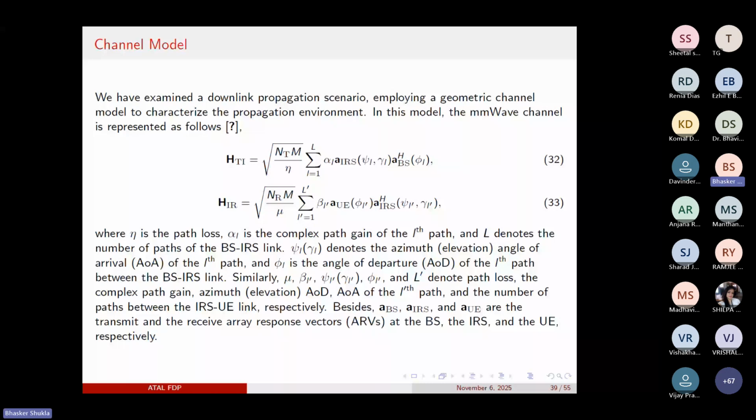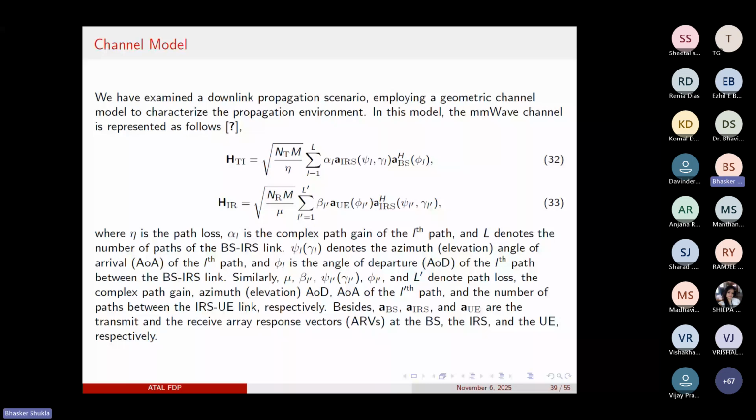NT is the number of transmit antennas, M is the number of reflectors in the IRS, and eta and mu are different path loss components from transmitter to IRS and IRS to the receiver.